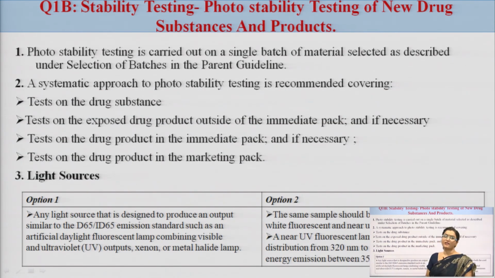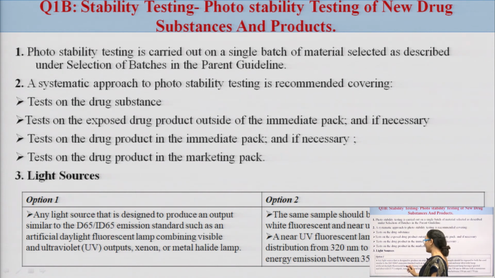Next is photo stability testing. Photo stability testing is generally performed to check the photo stability of new drug substances and new drug products. For this study, we use artificial light sources to evaluate the stability of new drug substances and new drug products.